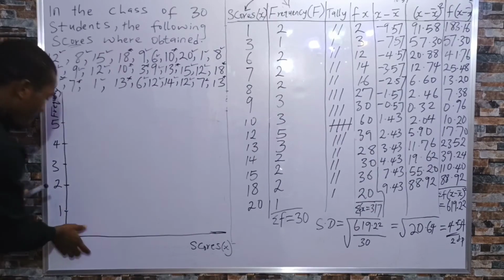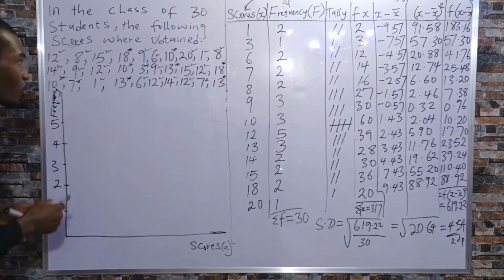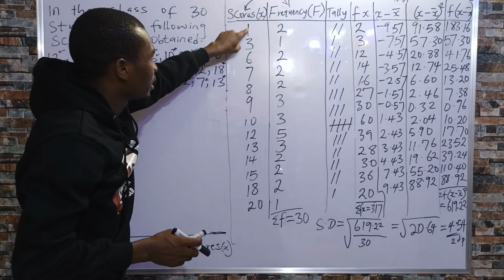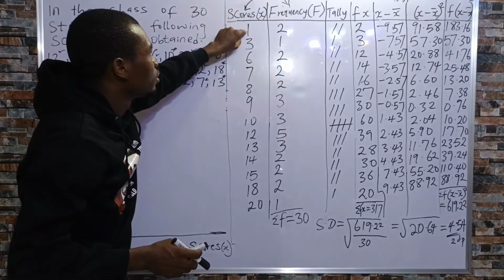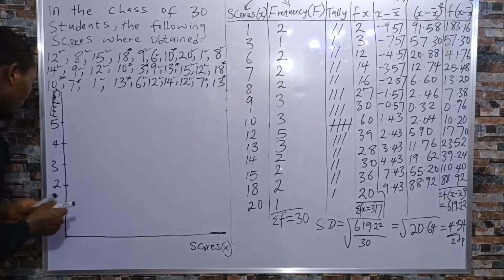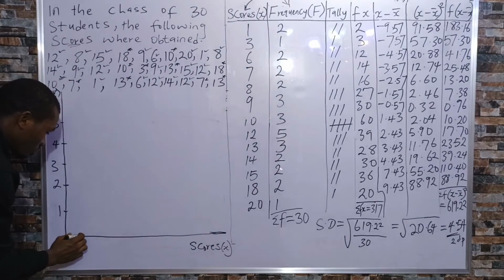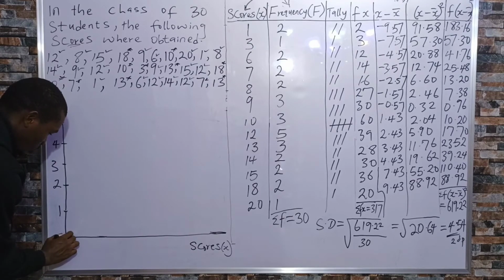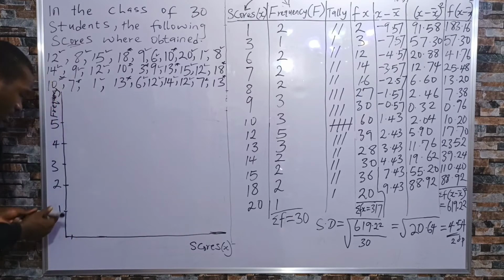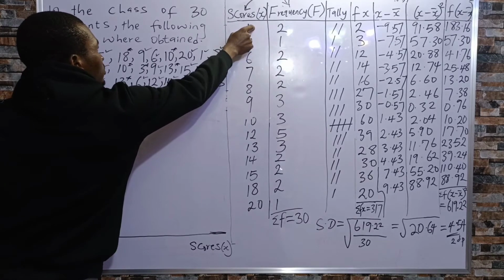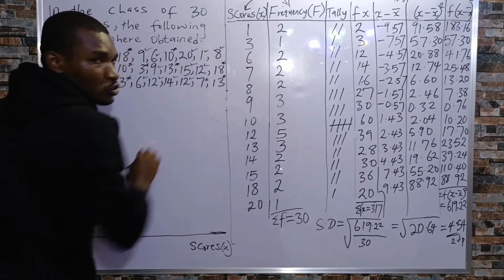So coming here, the first rectangle I will draw is about the score 1. And that score 1 will be traced to the frequency of 2. So assuming I'm taking the space of 1 centimeter, maybe from here to here is 1 centimeter, I will then trace my first score, which is 1, to the frequency of 2.